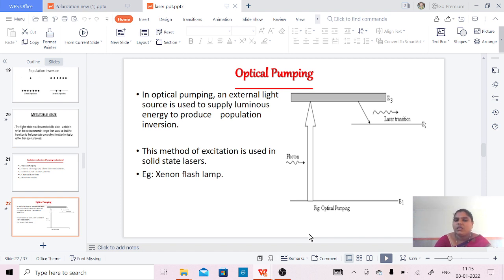This method of excitation is used in solid state lasers. We have many kinds of lasers: solid state, liquid, gas. This is the excitation method for solid state lasers. An example is a xenon flash tube. See how the pumping occurs.